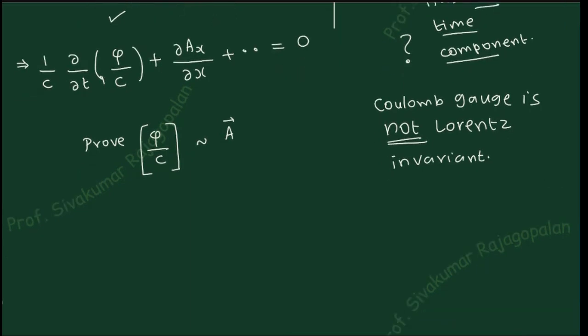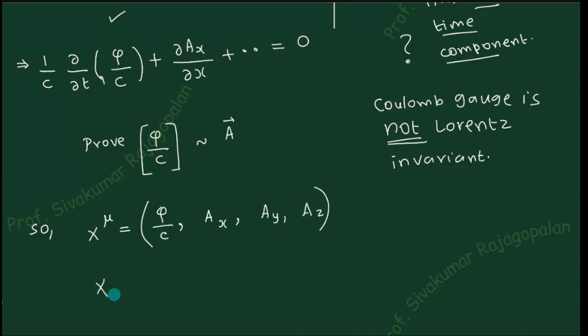Now once this is clear, we can define like this. So what will be your x mu? X mu will be 1 by c dou by dou t. If you leave it, we have only the phi by c, comma, then the space components Ax, Ay, and Az.